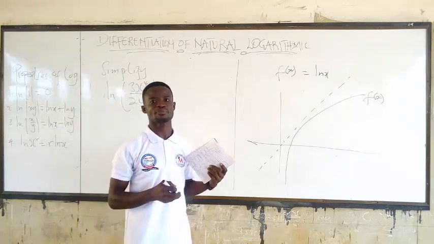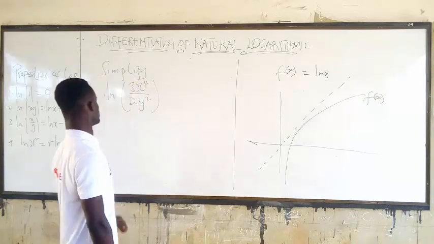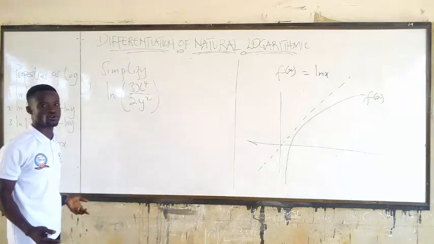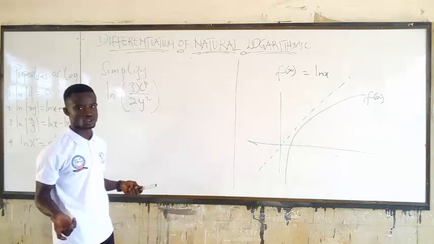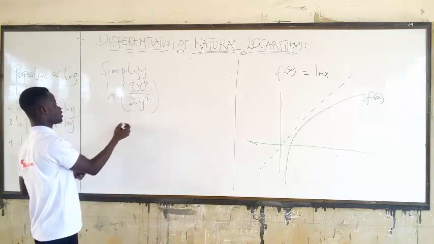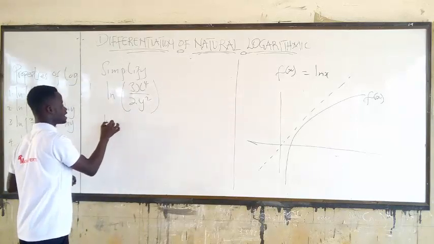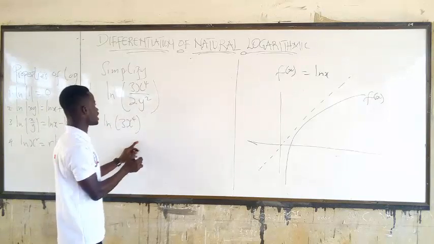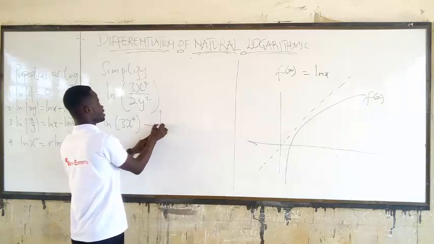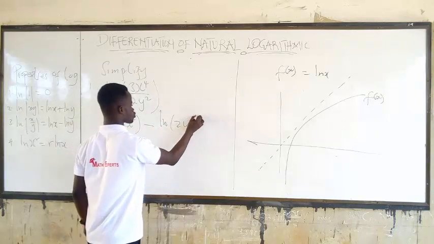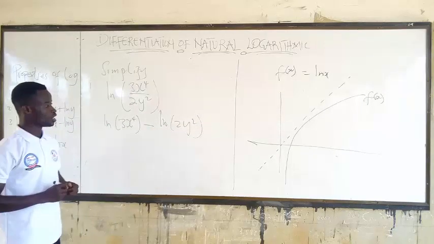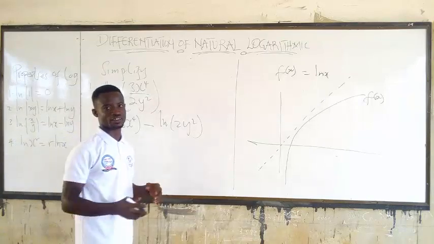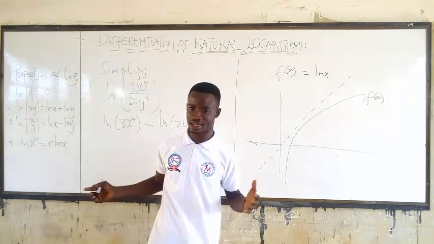Alright, we have to simplify this. You see that this is in the quotient form, right? So the first thing to do is that you write ln of 3x to the 4, minus ln of 2y squared. Alright, so we say this is a simplified form. You can end it here.